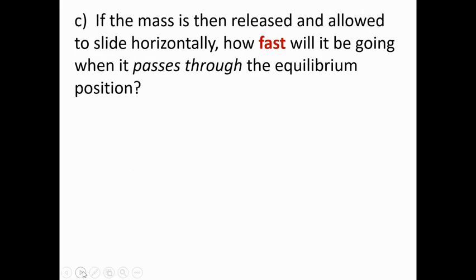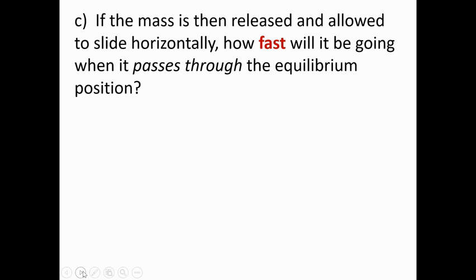Lastly, if the mass is then released and allowed to slide horizontally, how fast will it be moving when it passes through the equilibrium position? For this problem, let's think about this in terms of conservation of energy. Ask yourself, what kind of energy transformation is happening?